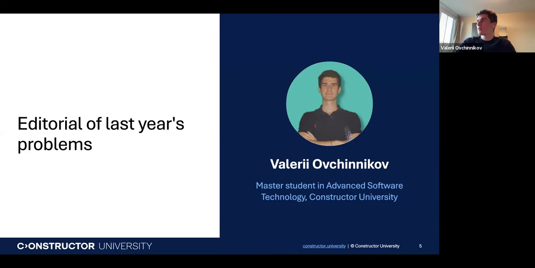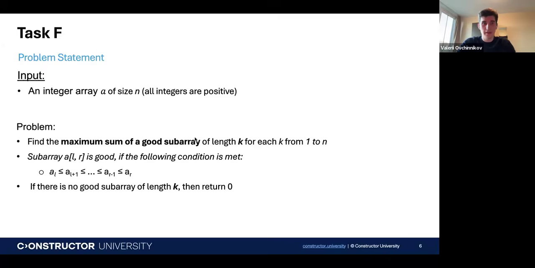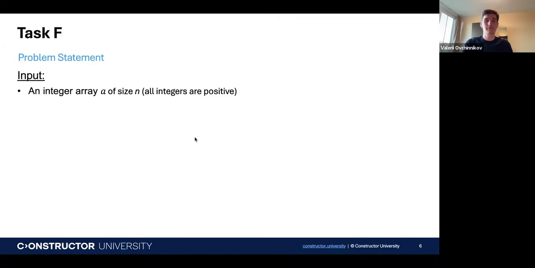The average number of tasks that people solved before going to the interview was around 7. In this editorial, I selected the 3 most interesting tasks that focus on different ideas. Let's start with the first one, task F, which is already more than middle.